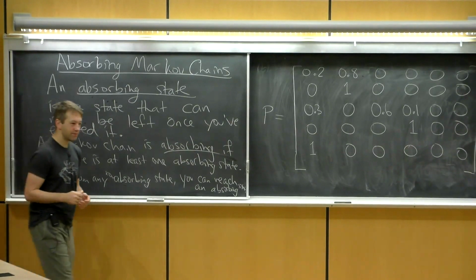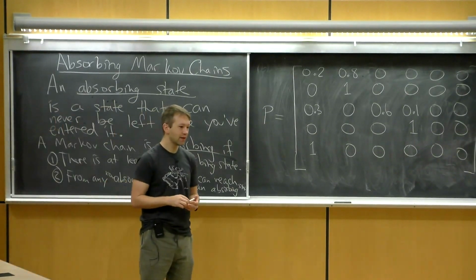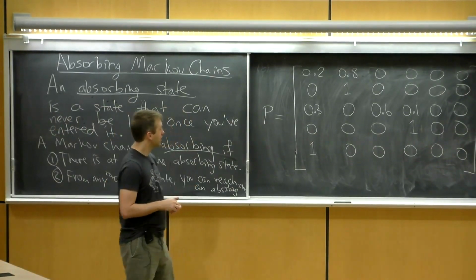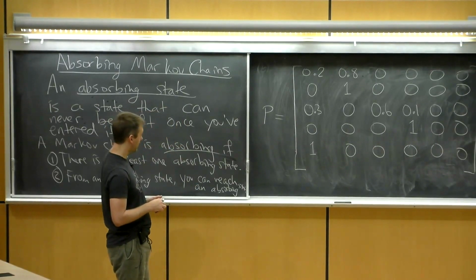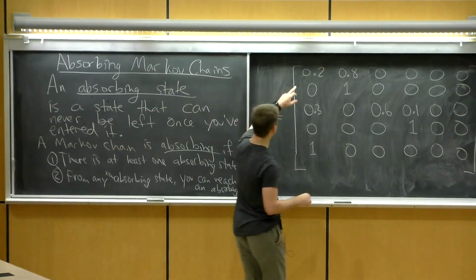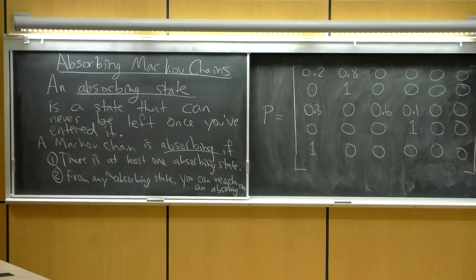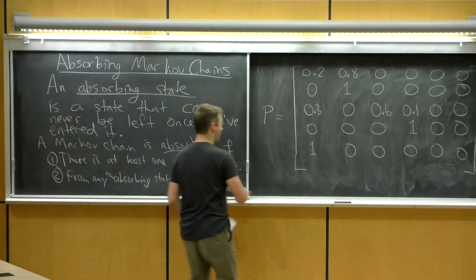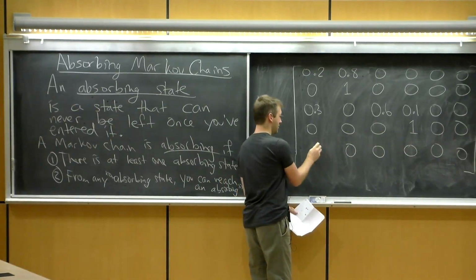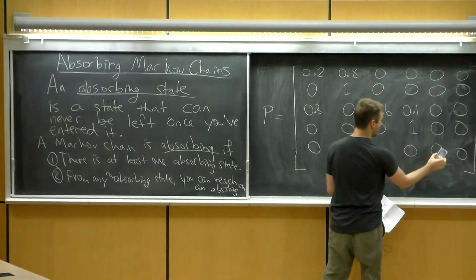Yeah. It should be square. Oh yeah, you're right. 1, 2, 3, 4, 5. I missed a row. So what I wanted to do, sorry about that, I wanted this to be like this.